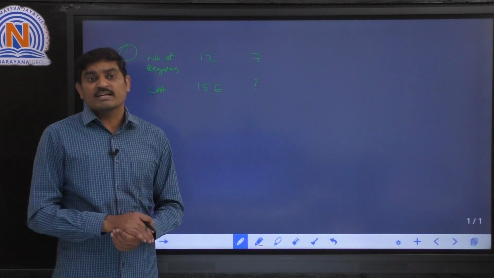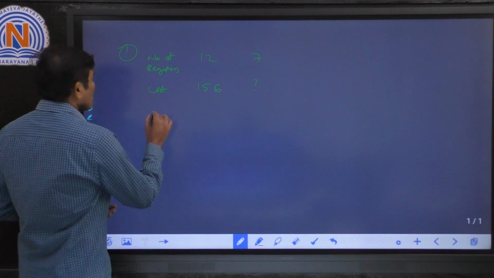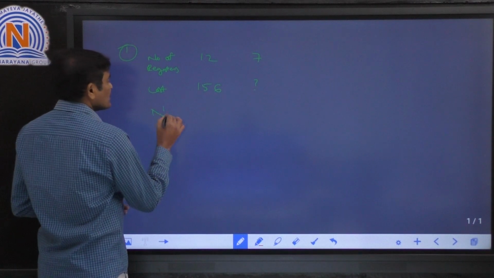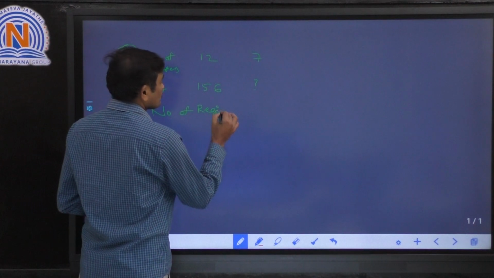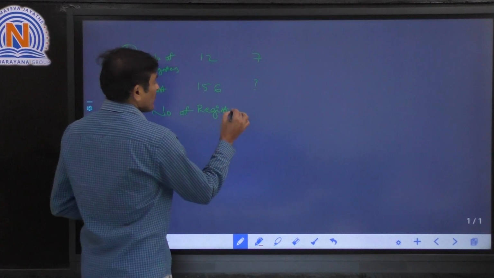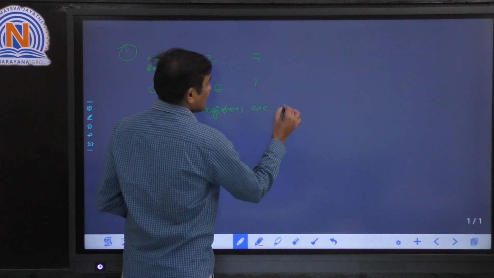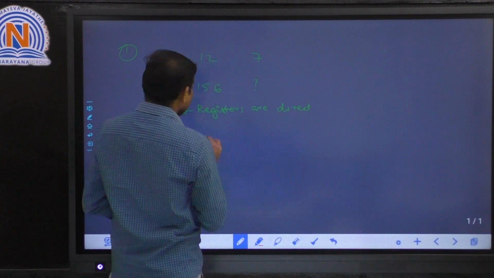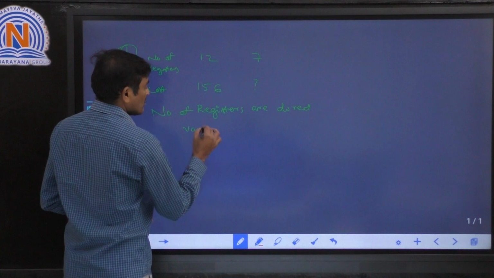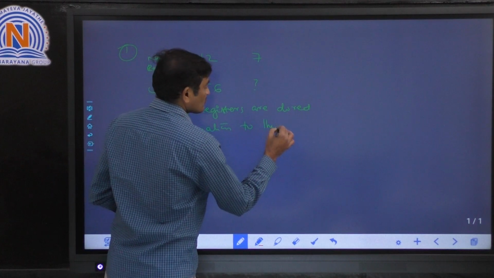Two quantities are said to be in direct variation, we know the formula. So here the number of registers is in direct variation to their cost.